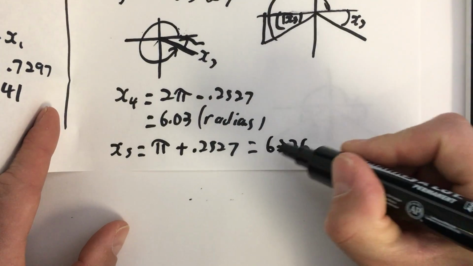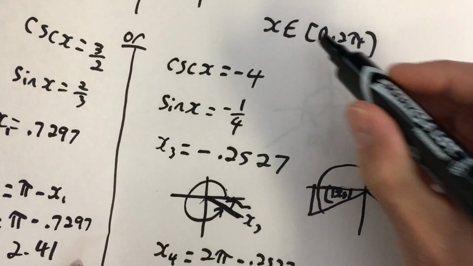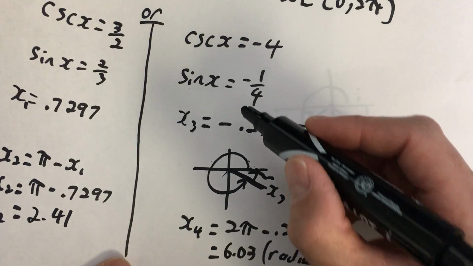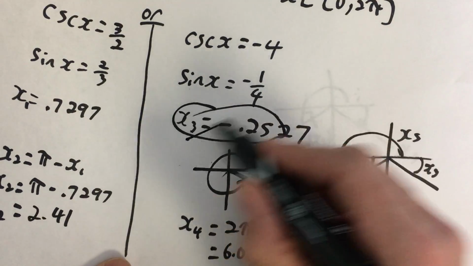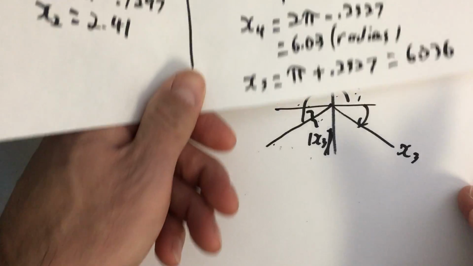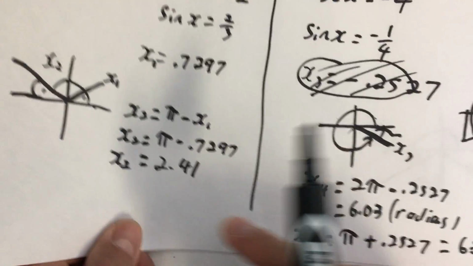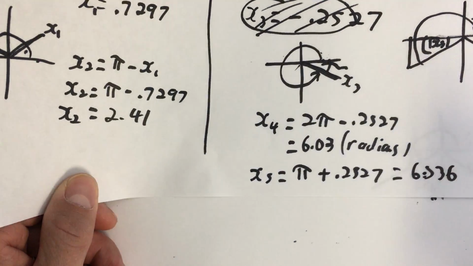Now remember, I was looking for every solution between 0 and 2 pi. x3 is not between 0 and 2 pi, so I'm not going to include it. So my solutions are x1, x2, x4, and x5.